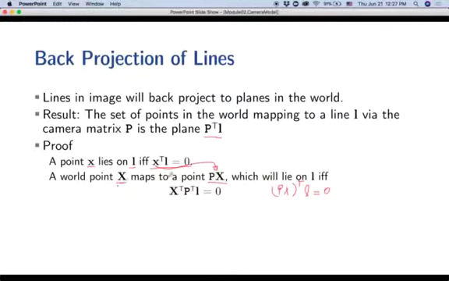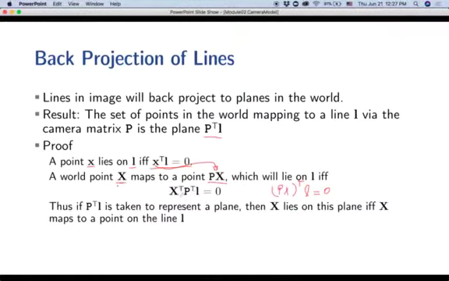The small point x lies on the line L in the image, because this world point is mapping to that image point. Now what does that mean? Since X transpose P transpose L is equal to 0, if I take P transpose L, which is a 4-vector, to be a plane pi, I know that X transpose pi is equal to 0 if pi is a plane.